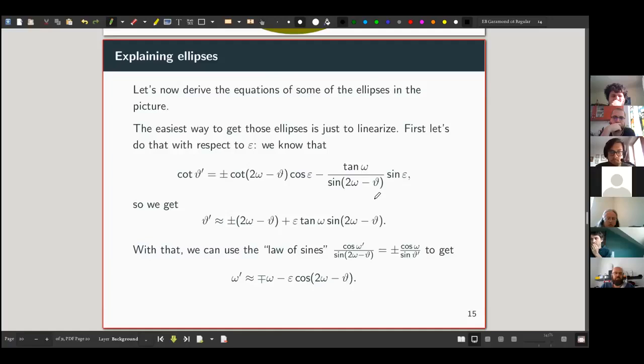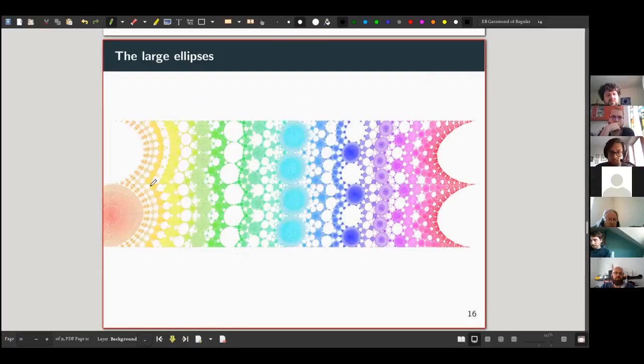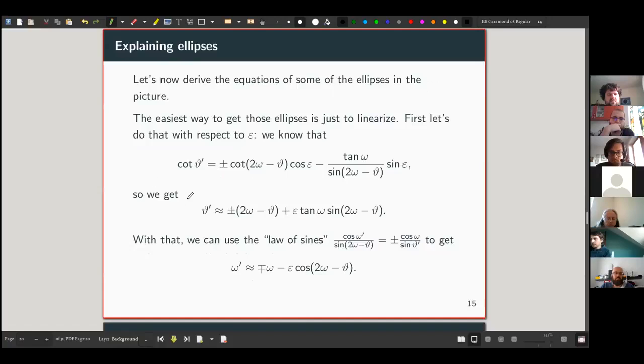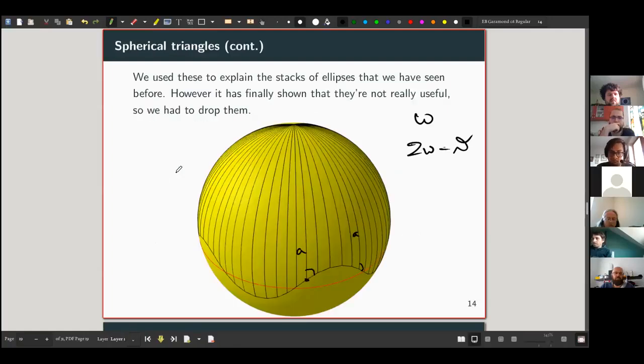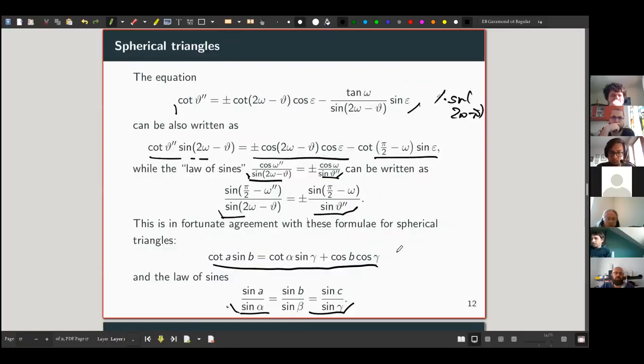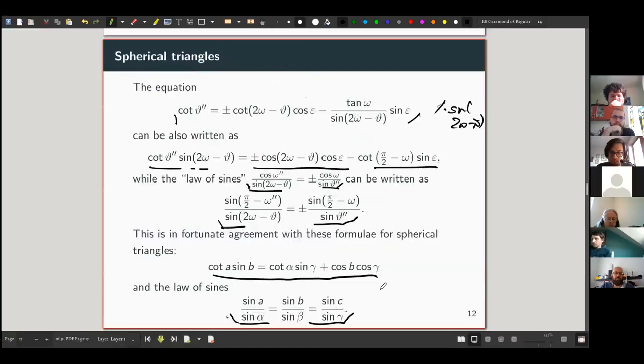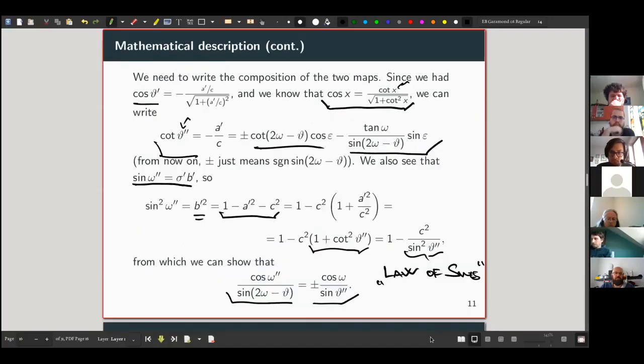So now let's show, at least in some simple way, how we could explain the large stack of ellipses. This one. Before we do that, we will do well if we linearize the relations that we got from those manipulations that we did earlier. So I mean, these two equations.